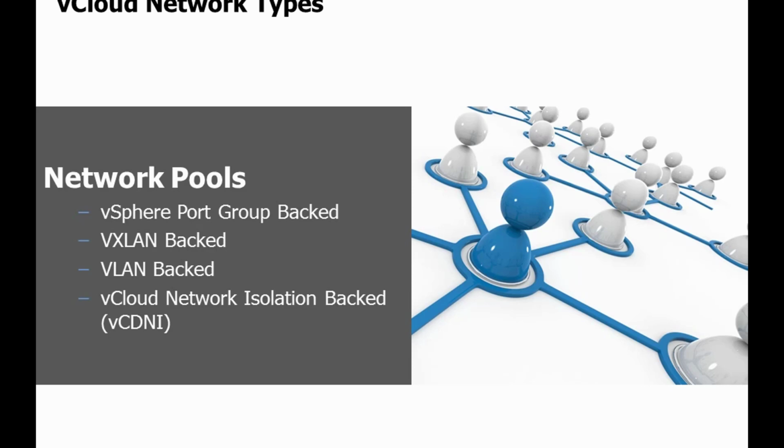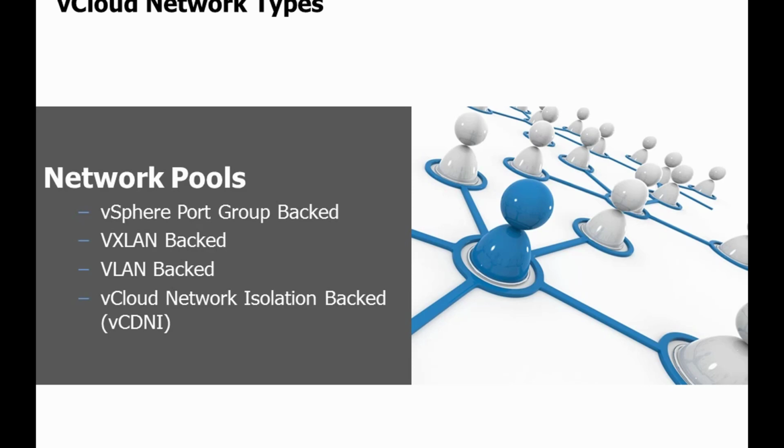So the only thing I want to conclude with on the network pools is, other than the vSphere port group backed network pool, all the other network pools require a distributed switch. And realistically, you're going to have, at the very least, enterprise licensing to do vCloud because it requires the use of DRS, Distributed Resource Scheduler.